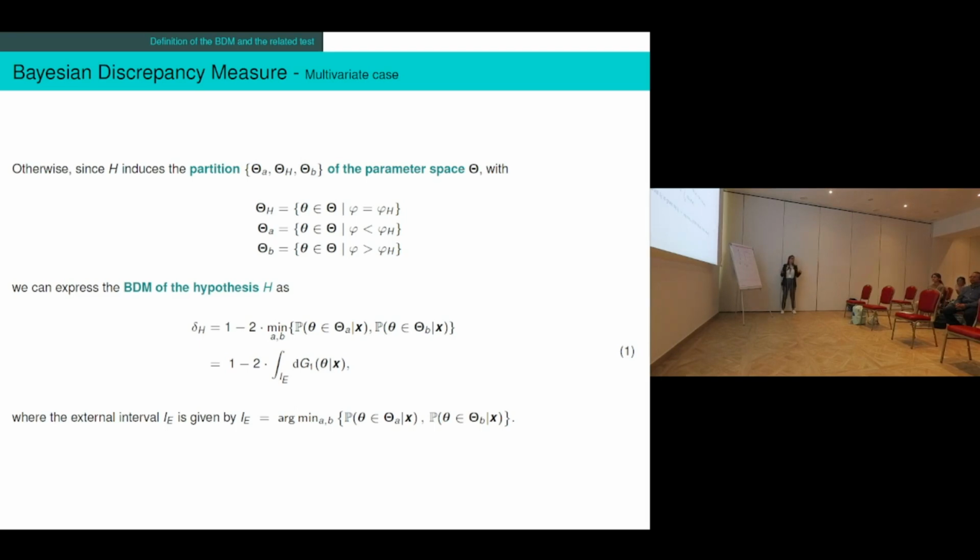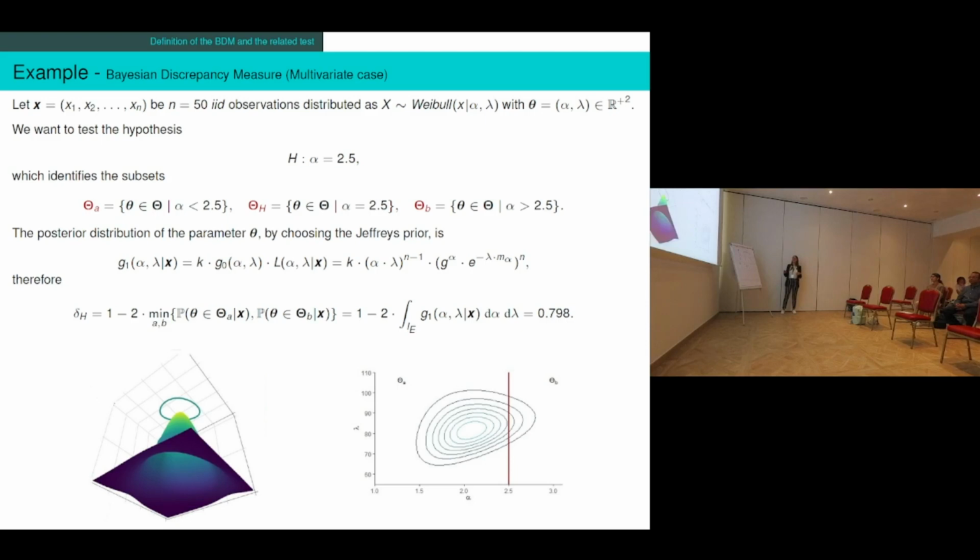Now I know that it is a lot to take, so I have here an example that I hope clarifies the definition. We have 50 IID observations that are distributed as a Weibull distribution. So our sampling parameter theta is alpha, lambda.